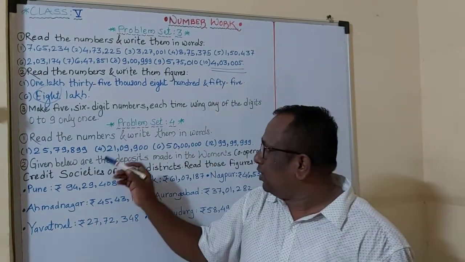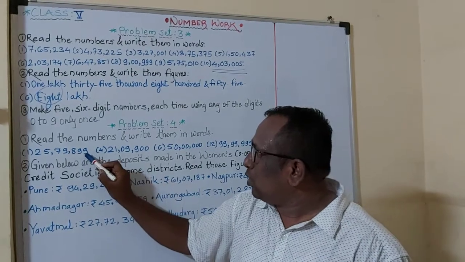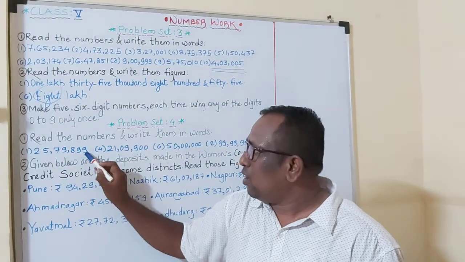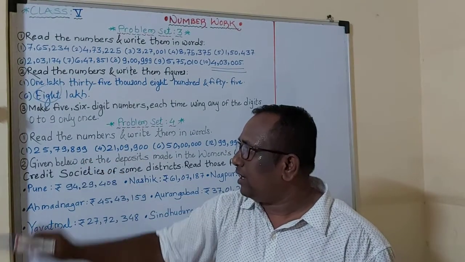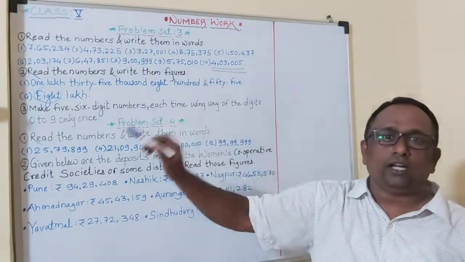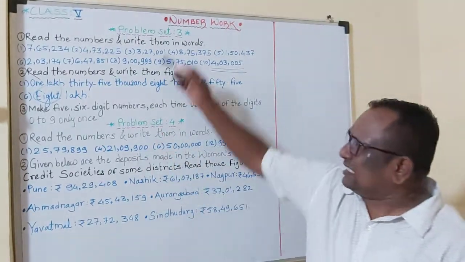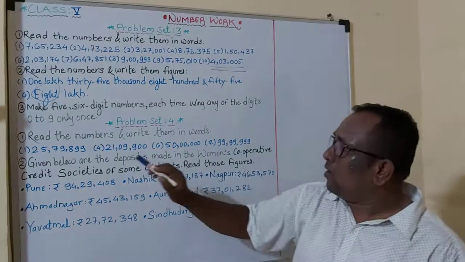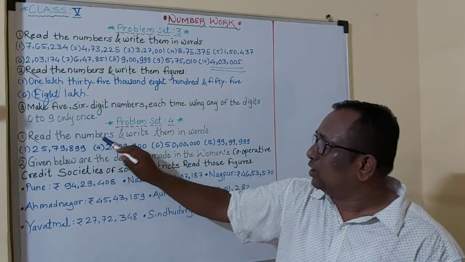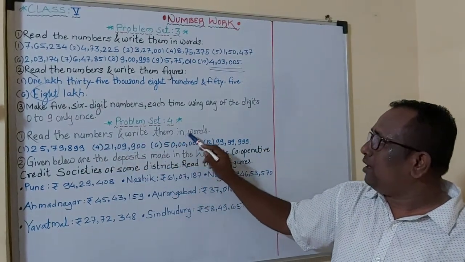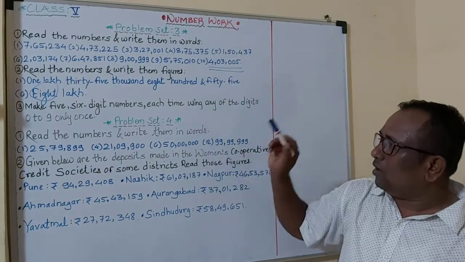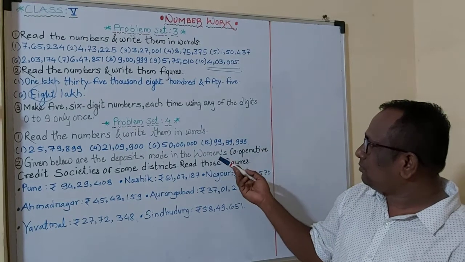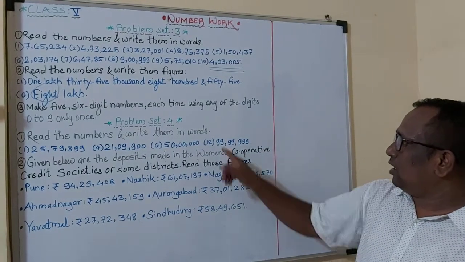If you observe carefully in the given examples: unit place, 10, 100, 1000, 10,000, lakh and 10 lakh. 1, 2, 3, 4, 5, 6, 7, a 7-digit number is 10 lakh. The same type of examples are there. First, read the numbers and write them in words.